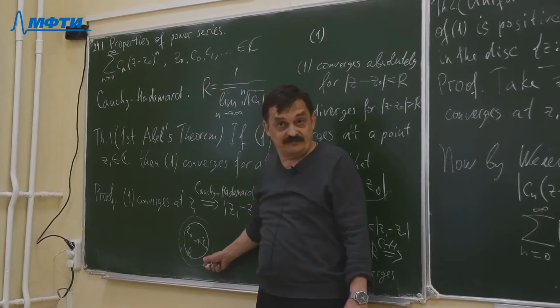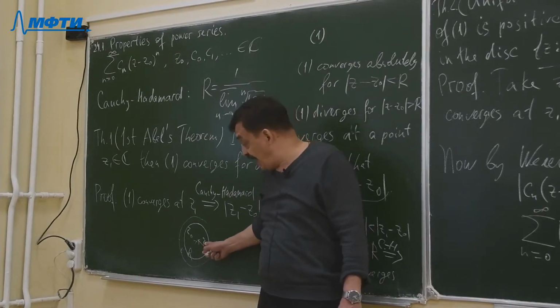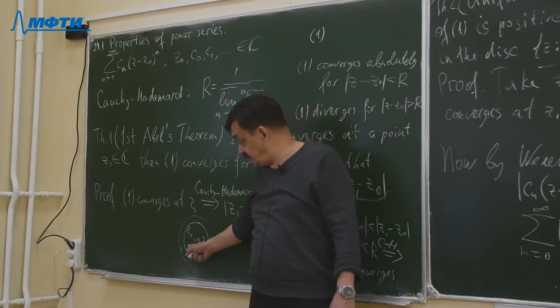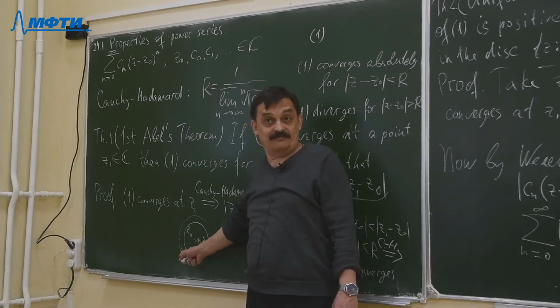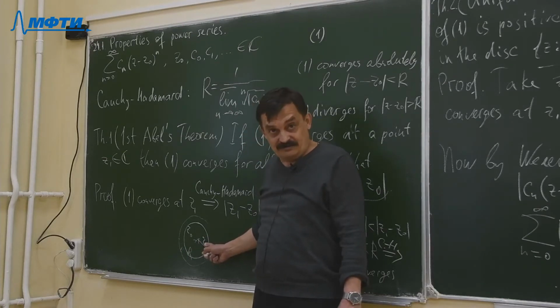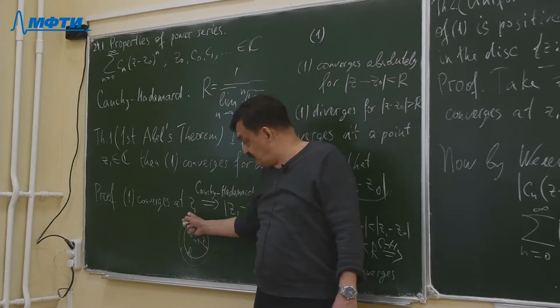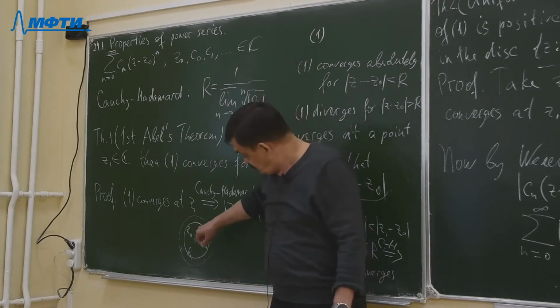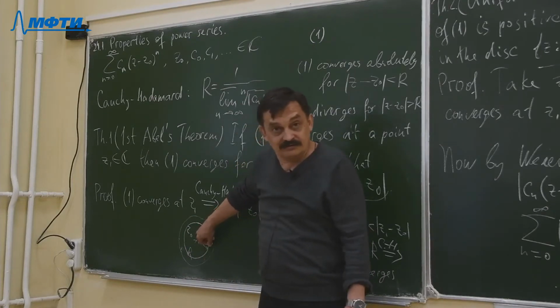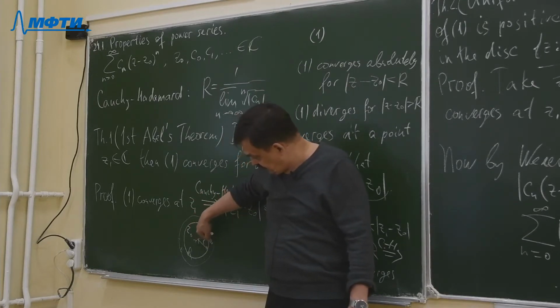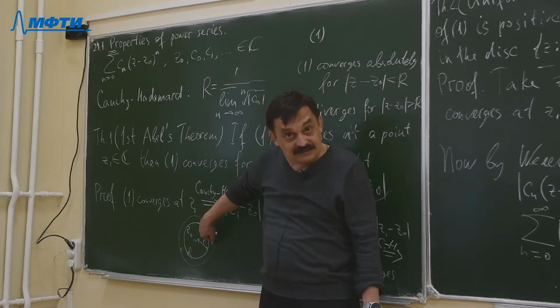And this is true for arbitrary little r less than capital R. Since little r is arbitrary, we have continuity everywhere in the open disk. Because take an arbitrary point, for sure we can find such a little r which contains this point.